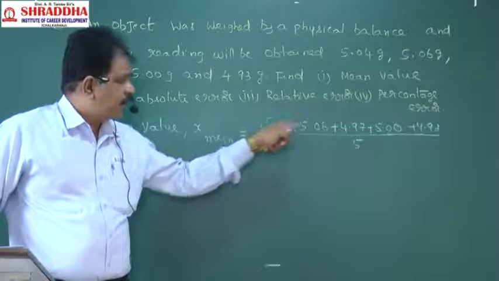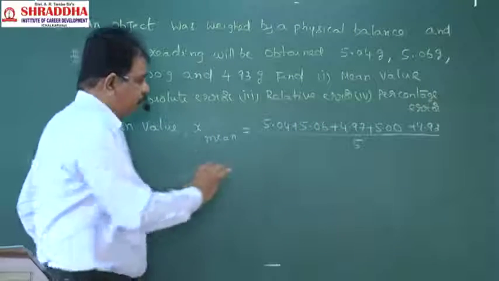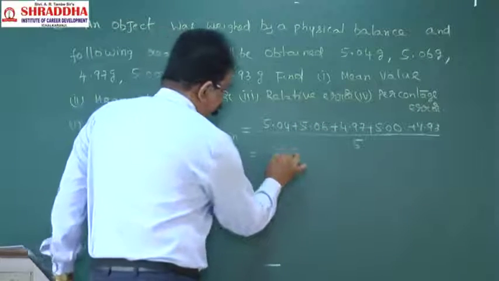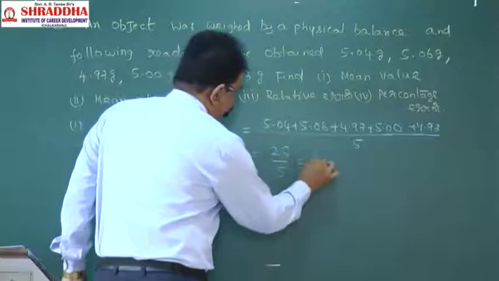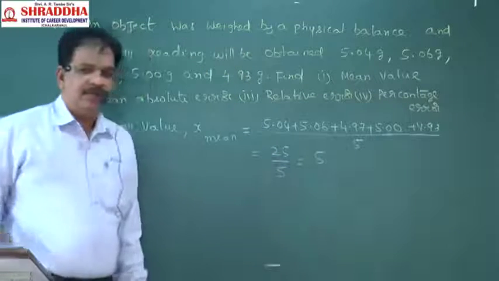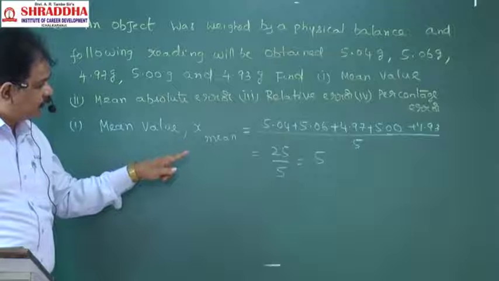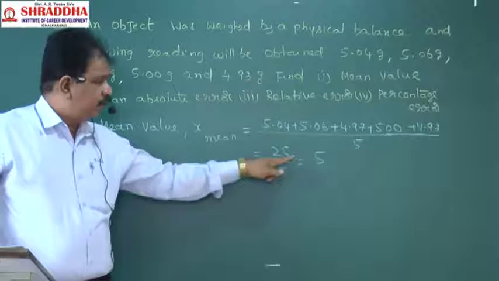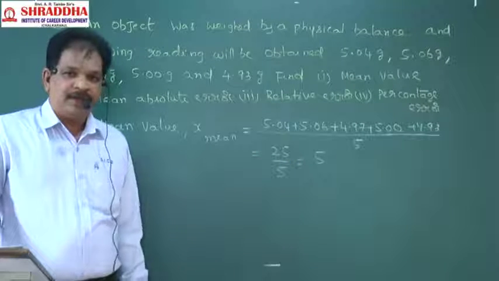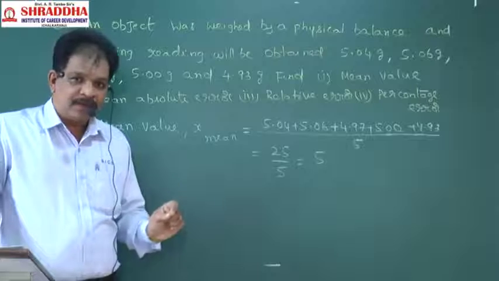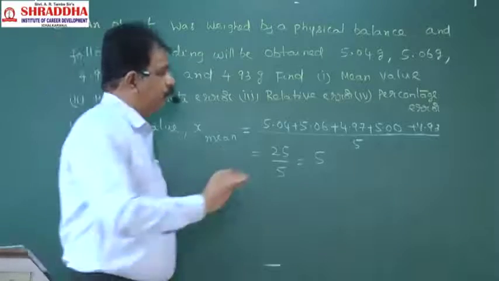Finally, this sum will be equal to 25 by 5, which is equal to 5. So the mean value is equal to 5. Clear? That is how to find the mean value.